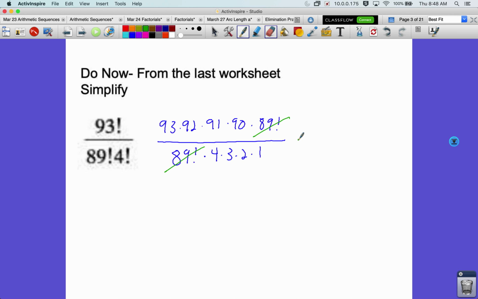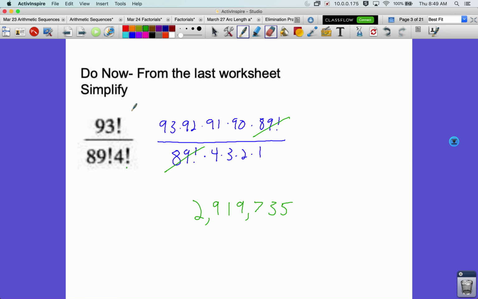So 93 times 92 times 91 times 90. I press enter. I get a number in the 70 millions, it looks like. Then I'm just going to hit divide by, in parentheses, 4 times 3 times 2 times 1, close parentheses, hit enter, and I get 2,919,735.